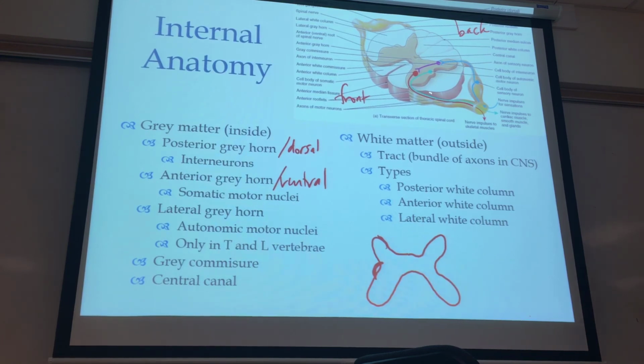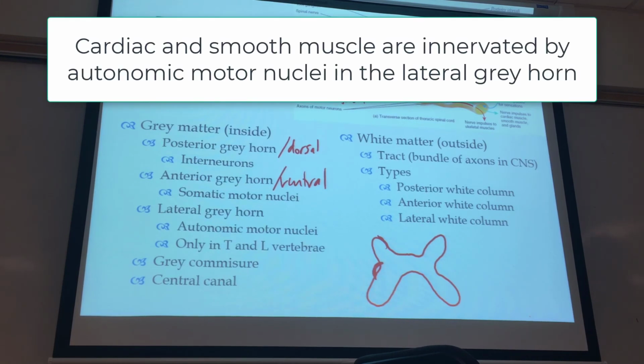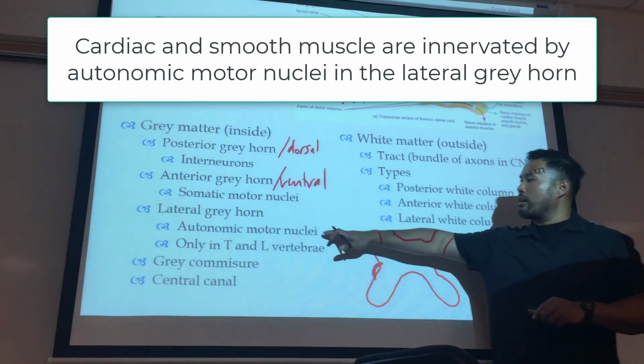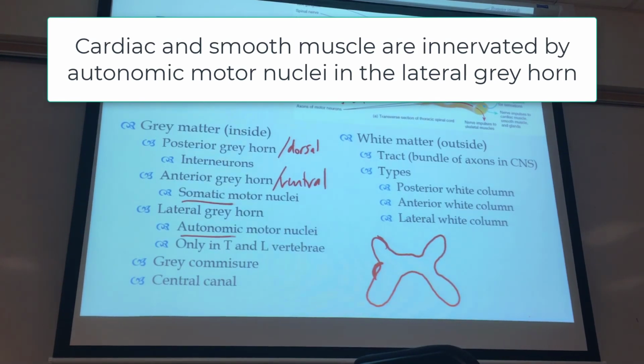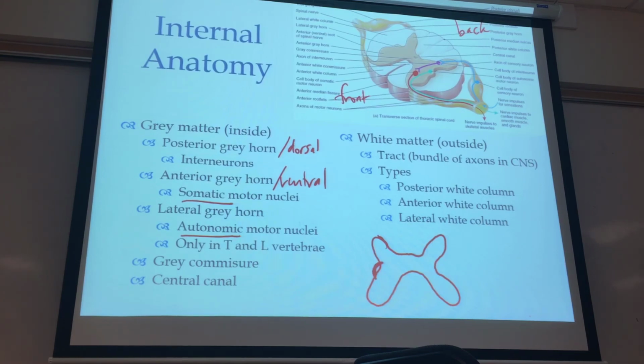The lateral gray horn, the areas over here, contain autonomic motor nuclei. These are efferent pathways, and we're comparing somatic and autonomic. Autonomic would be things like smooth muscle, the muscles involved in the stomach, the muscles involved in the small intestine that allow rhythmic motions to move food through.